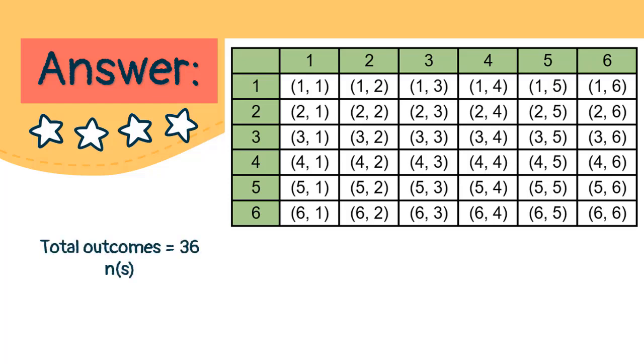Total outcomes is 36. Favorable outcomes is 3. What are they? 5, 6, 6, 5, and 6, 6.